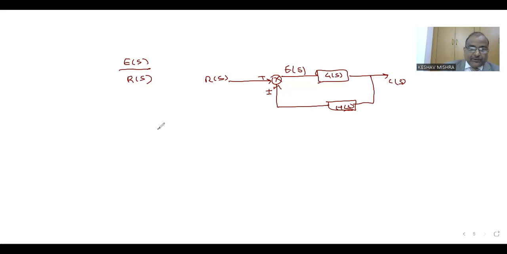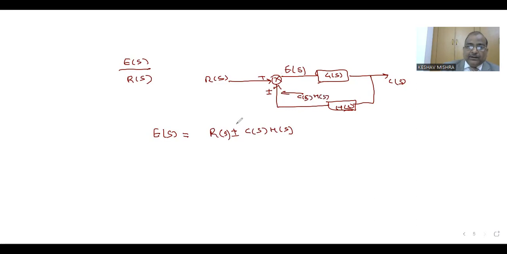So this E(s) from this diagram is R(s) plus or minus C(s) H(s). At this summing point, the second input is the output C(s), multiplied by transfer function H(s). So this is C(s) H(s).